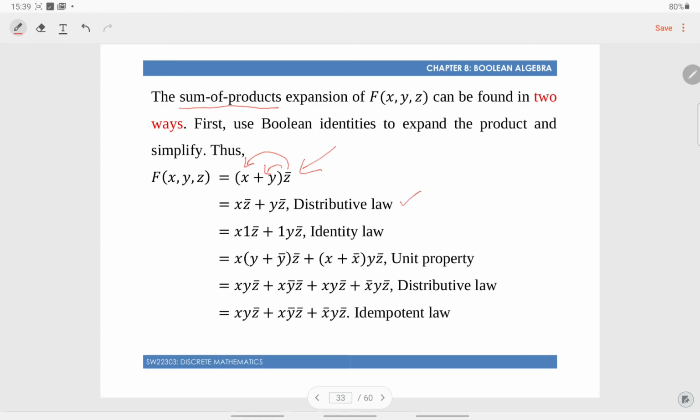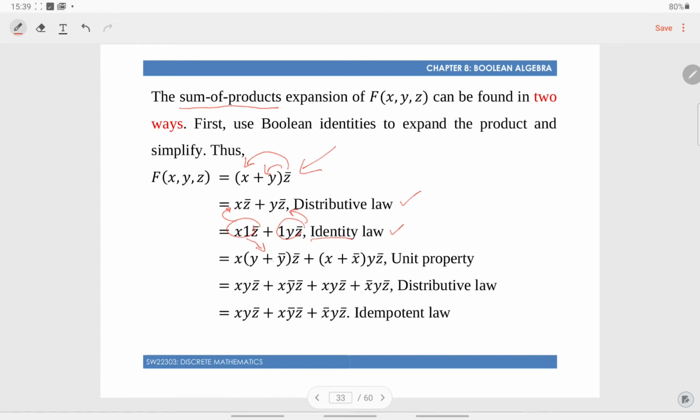Then in the next step, using the identity law, x times 1 times z is equal to x z complement. The same goes here, 1 times y z complement is equal to this one. That's why we call it identity.